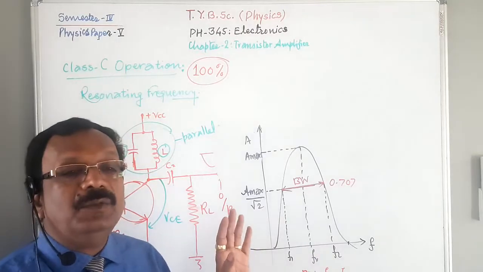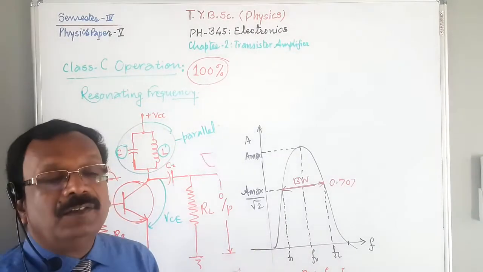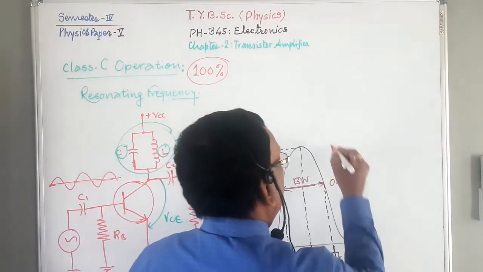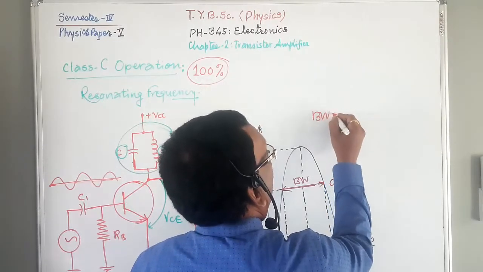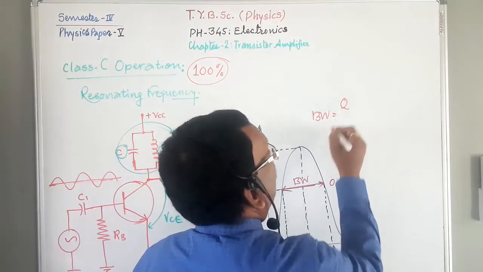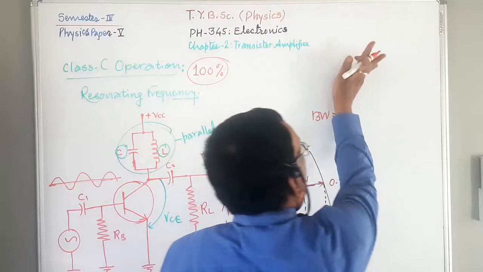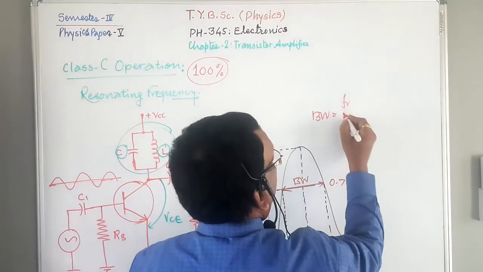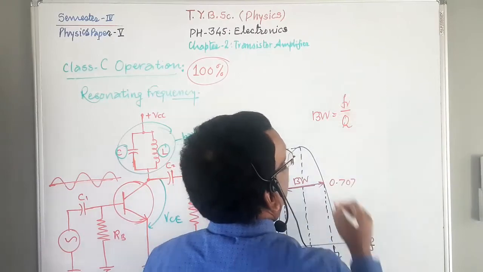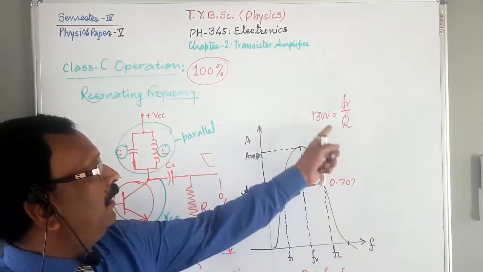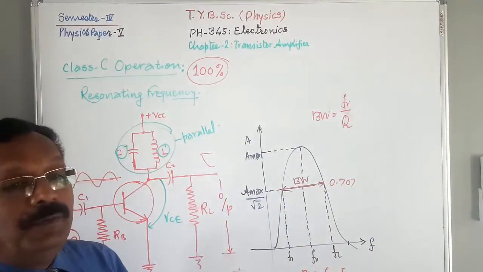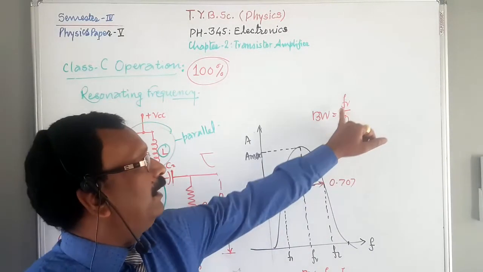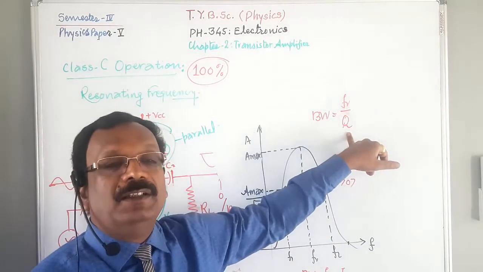Bandwidth is related to quality factor, and the relation is: bandwidth equals resonating frequency upon quality factor Q. This is the important formula which gives the relation between bandwidth, resonating frequency, and quality factor.